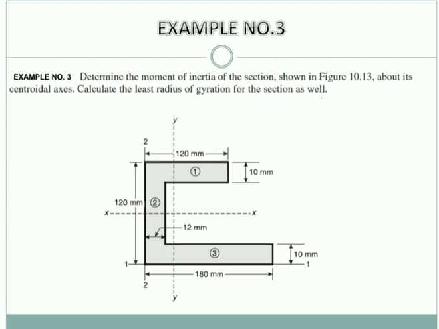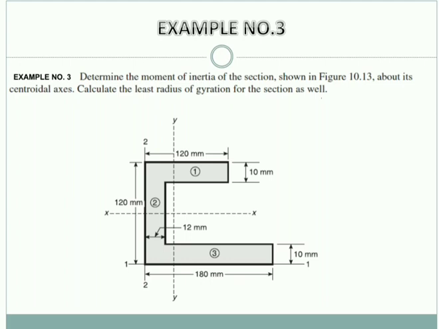Determine the moment of inertia of the section for the figure shown about its centroidal axis. Centroidal axis means xx and yy. Calculate the least radius of gyration for the section as well.